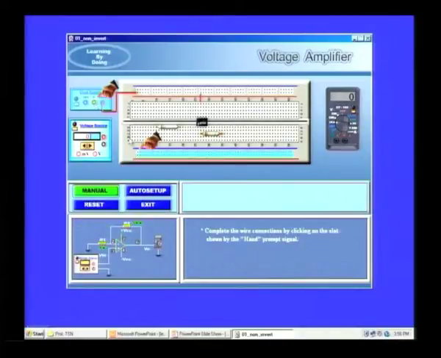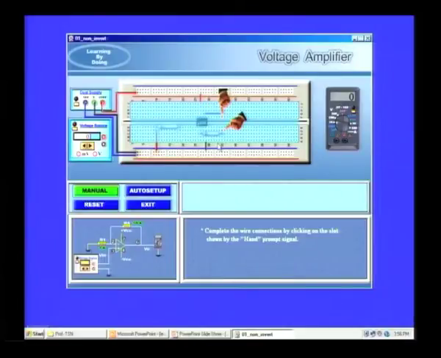Now, I am connecting the V minus terminal, the ground terminal, and now completing the rest of the circuit. This is the way you will do it in the lab by wiring the circuit.